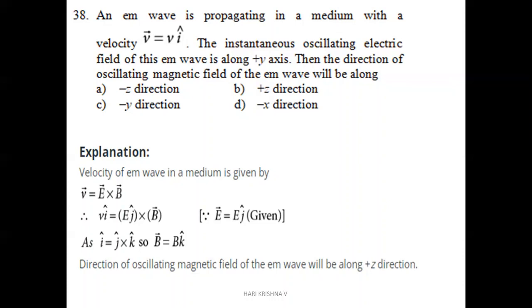All three are perpendicular. So V i is E cross B, and the condition is satisfied only when B is in the Z direction, because i equals j cross k. Seeing this, it will be along the positive Z direction.